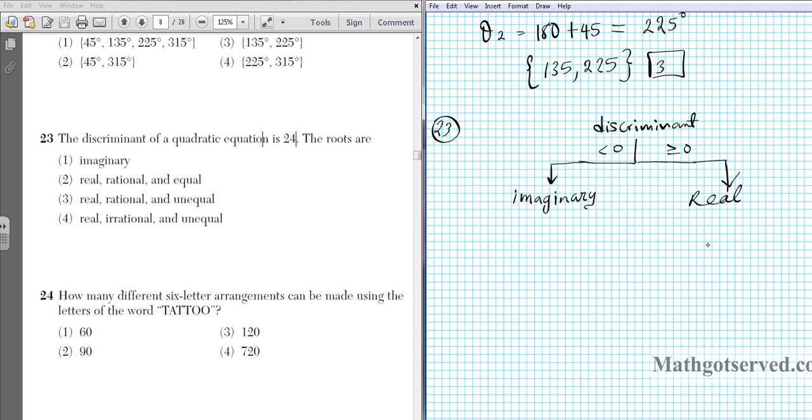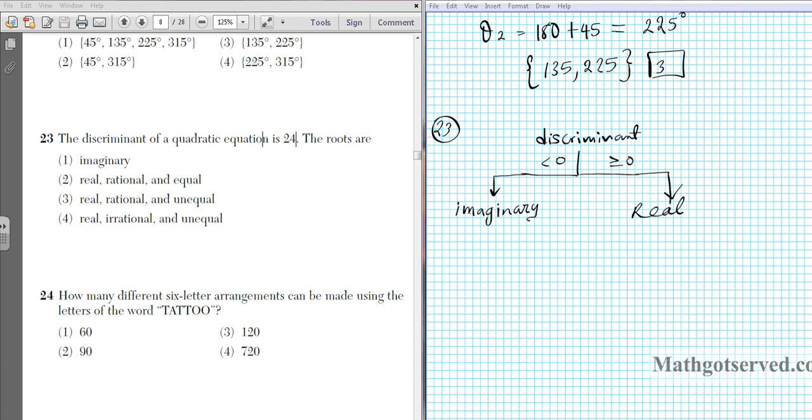Okay, now, what do you have when you have your real roots? Well, all we can do is look at the sign, further classification with the sign. Remember, this is greater than or equal to 0.